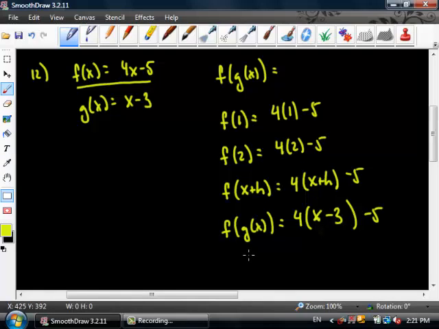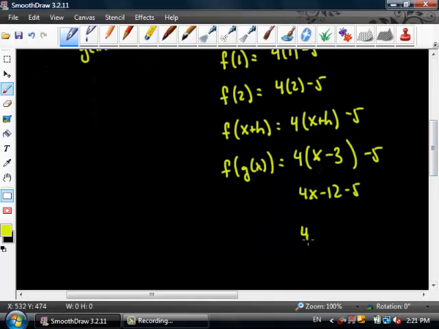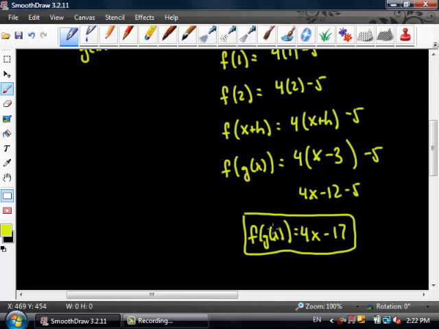Replace it with x minus 3. So this is 4 times x minus 3, minus 5, which is 4x minus 12 minus 5. That becomes 4x minus 17. All right?